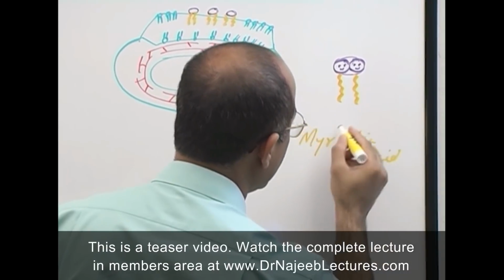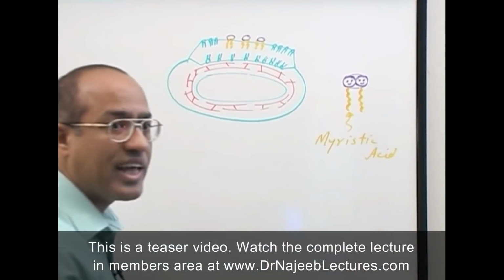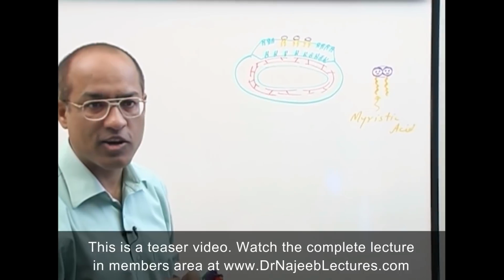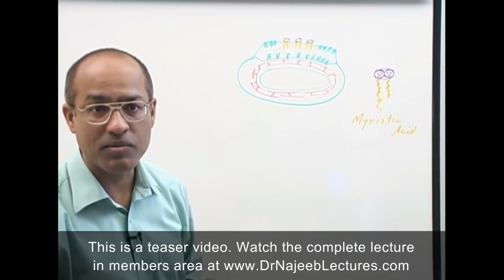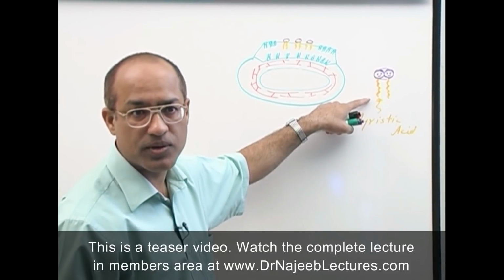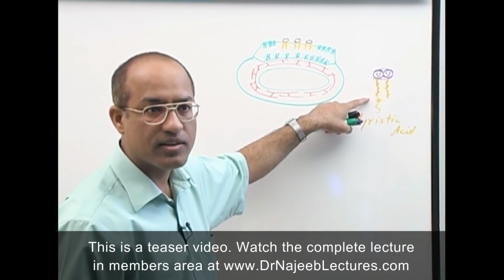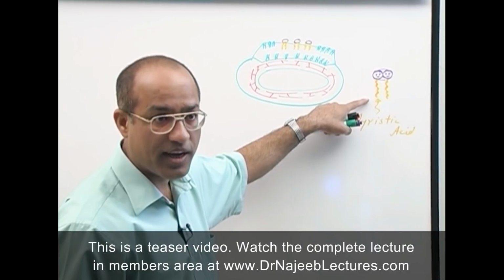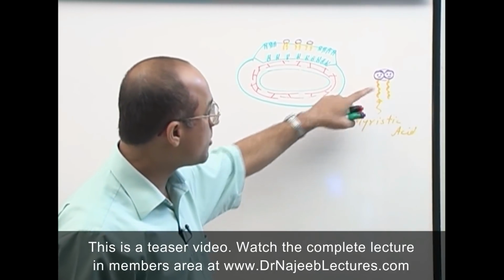This fatty acid, which is myristic acid, is unique to endotoxins. They are not present in human cells or any other animal cell. These myristic acids are specific fatty acids, which are specially present in the lipid A of the endotoxin, right? So this is lipid A.